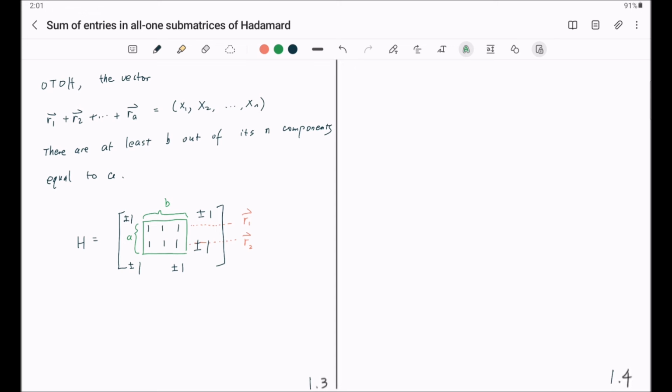So in those at least B components we are summing up ones, because for this submatrix there are B columns, and all the entries in the submatrix are equal to 1. And their sum will be precisely equal to the number of rows, which is A. So there are at least B out of its n components equal to A.